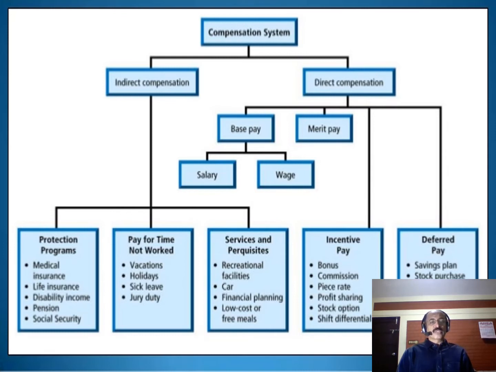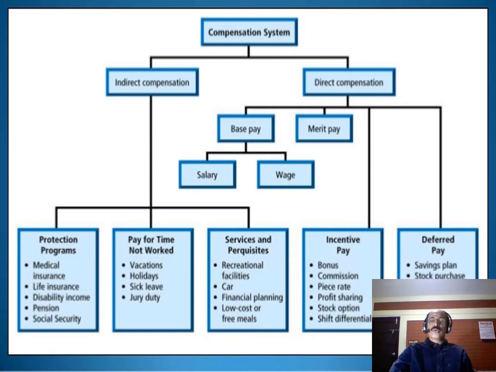Pension and social security are under protection programs. Pay for time not worked can be vacations, holidays, sick leave, and jury duty. All those things can be there. And in services and perquisites, you have recreational facilities, car facilities, financial planning, low cost or free meals also.